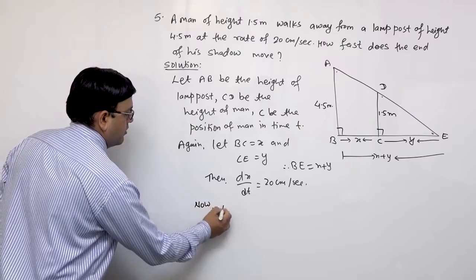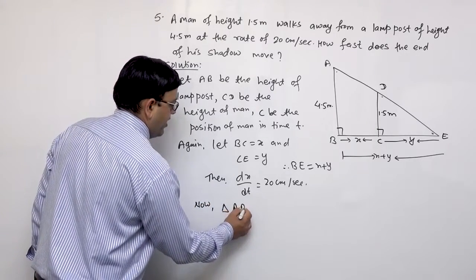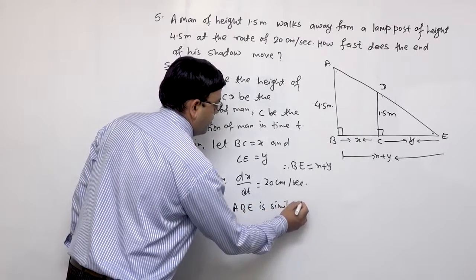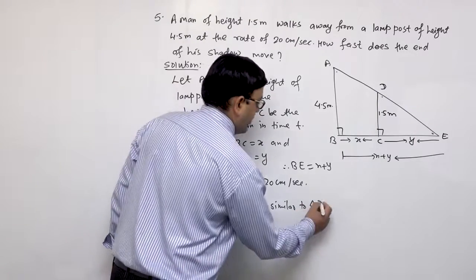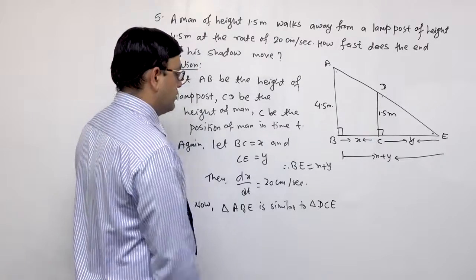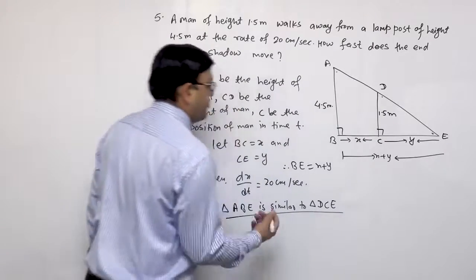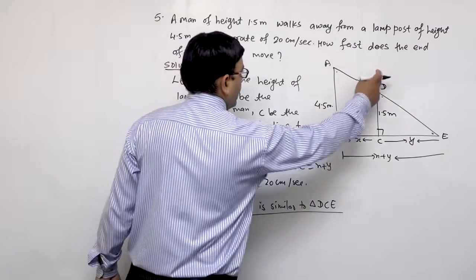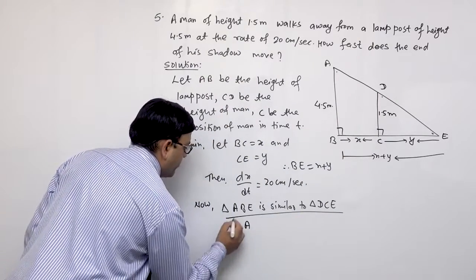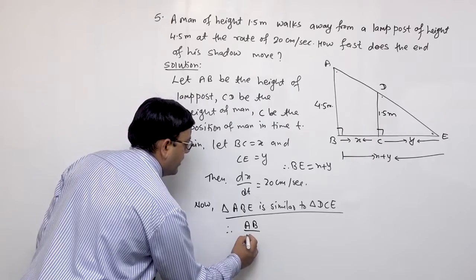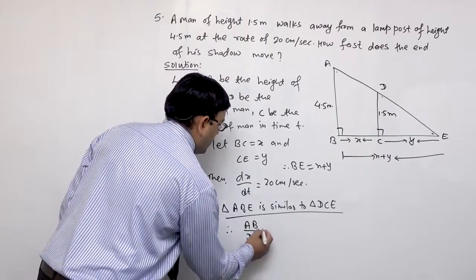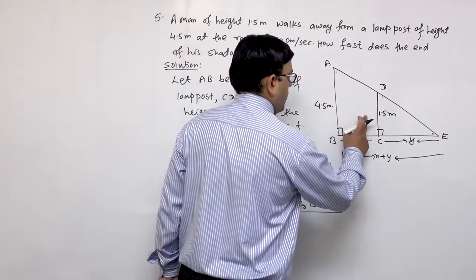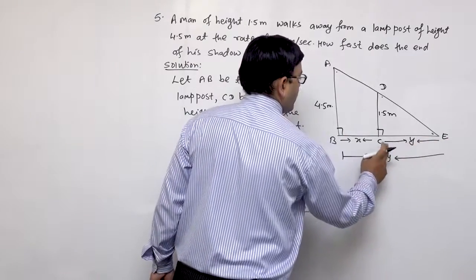Now triangle ABE is similar to triangle DCE. If two triangles are similar, then the ratio of their corresponding sides are equal. So AB by DC is equal to BE by CE.